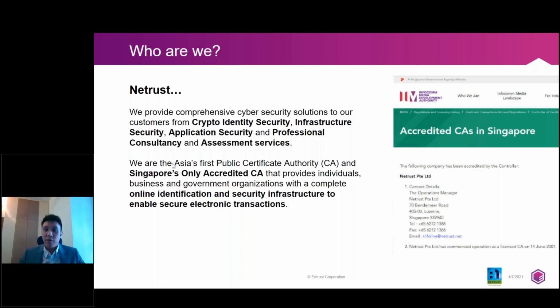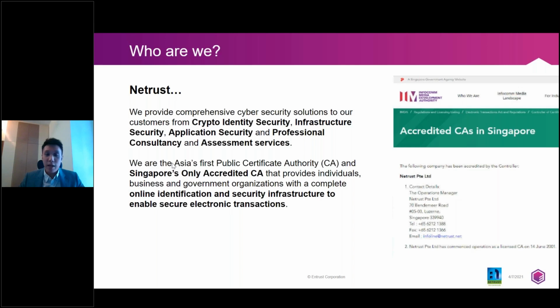We also have solutions in infrastructure security, where we provide traditional firewalls, endpoint protection, as well as external threat management and vulnerability management. We are also in the application security space, where we provide software source code scanning tools, as well as training tools to help developers code securely. And we also provide professional consultancy and assessment services for our customers.